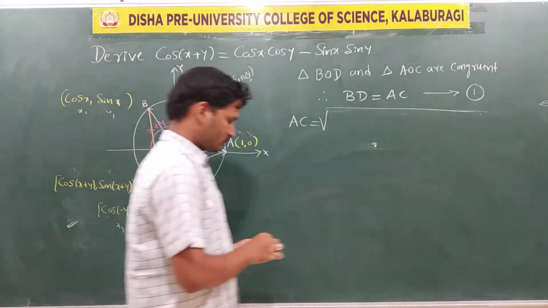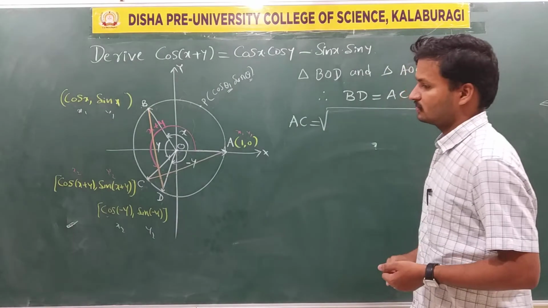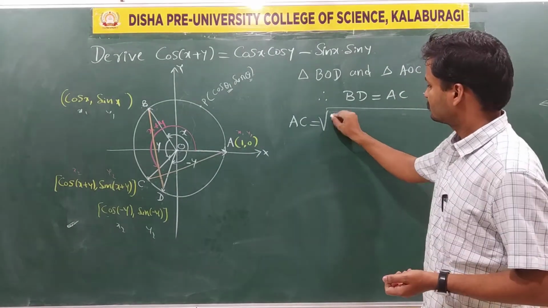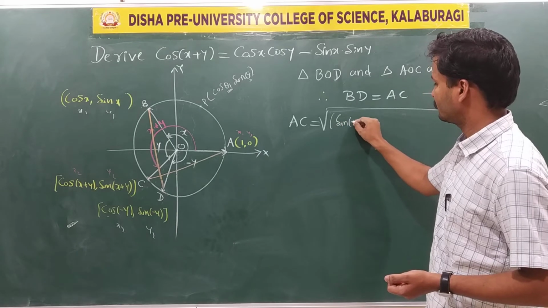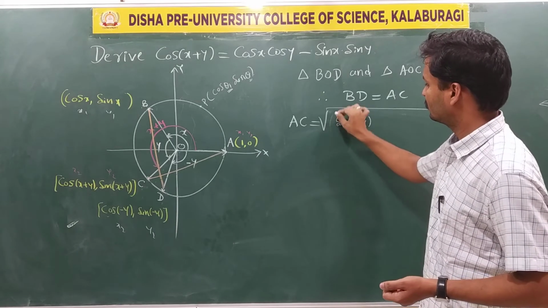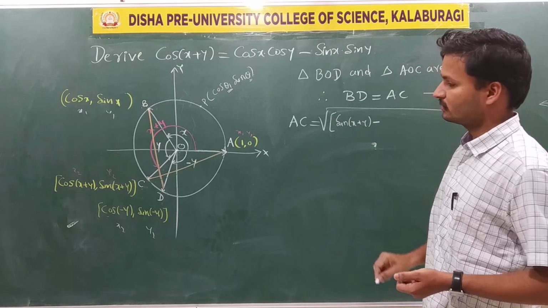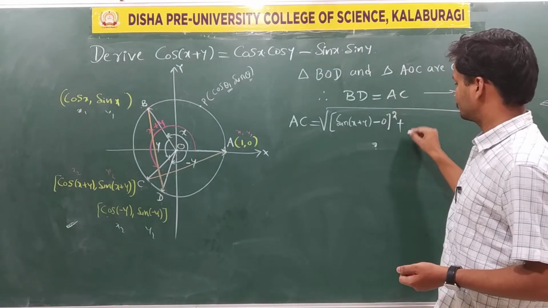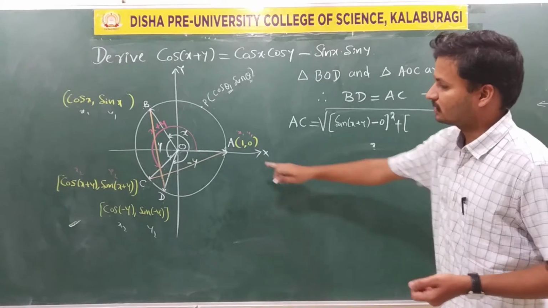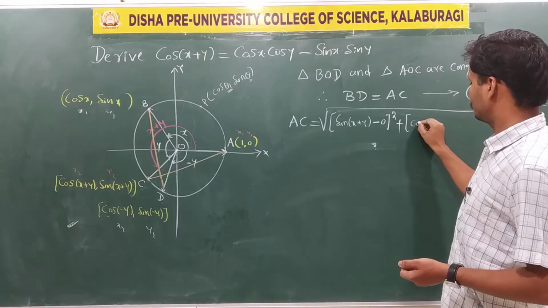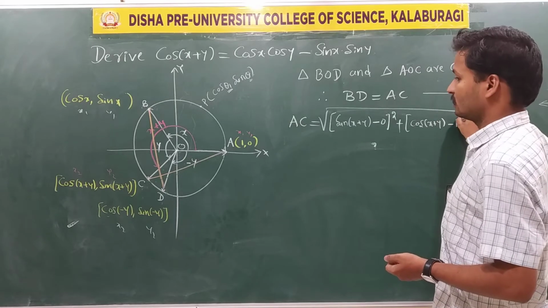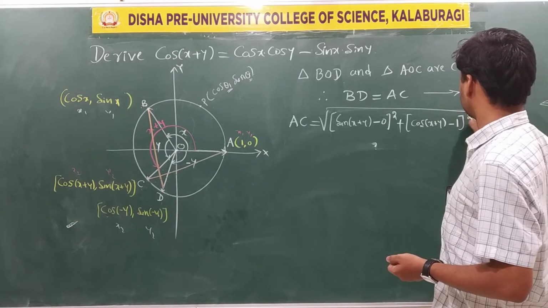Okay, so y2 minus y1 whole square. So y2 is sin of (x plus y) there. Okay, y2 minus y1, y1 is 0, so 0 whole square plus x2 minus x1, x2 is cos of (x plus y), so cos of (x plus y) minus x1 is 1 whole square.